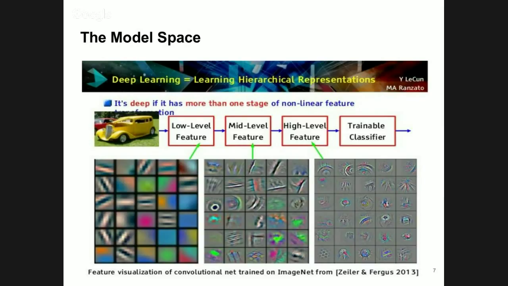Then in the mid-level layers of the convolutional neural network, the features become more complicated, like contours, and they have some shapes of objects. And in the high-level layers, the features are more like real objects. For example, this one is like a bird, and this one is like a road or something like that. So basically, there's a gradient of the complexity of the features along the deep convolutional neural network.